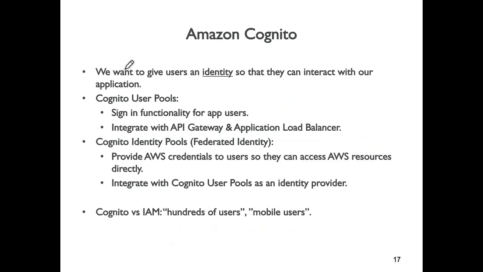So if you've got a web API, clearly you want to give users the ability to access it, and you want to give them some identifiers, or you want to give users an identity.